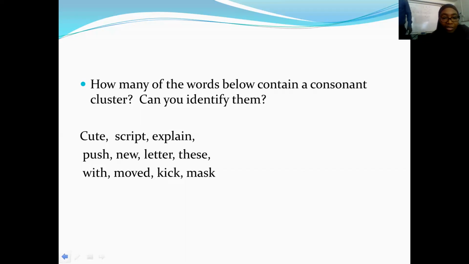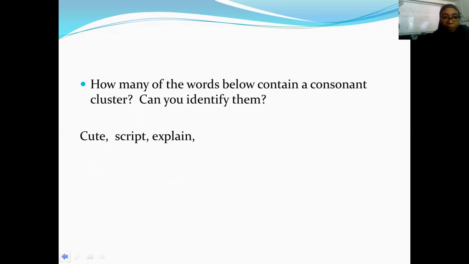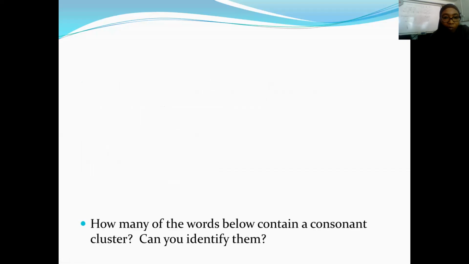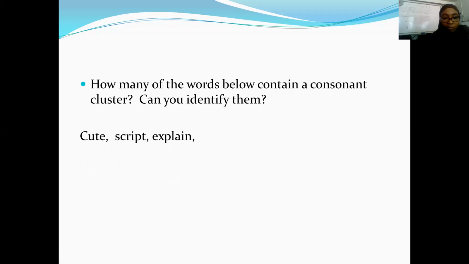Okay, let's reveal our answer. Yes, the word cute. This word has two consonant clusters at the initial position.